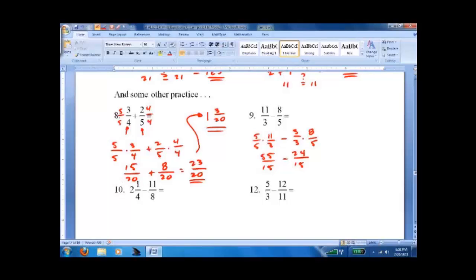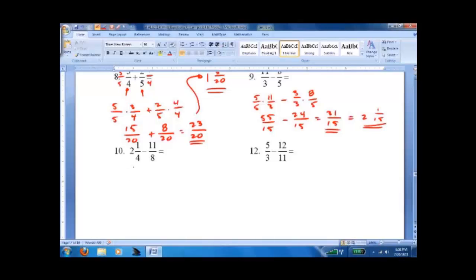That's what the 20 was over here, and that's what the 15 is over here. 55 minus 24 is 31. And again, if you really want to write it as 2 1/15, be my guest. These are a little bit trickier because you have to convert it first to an improper fraction.